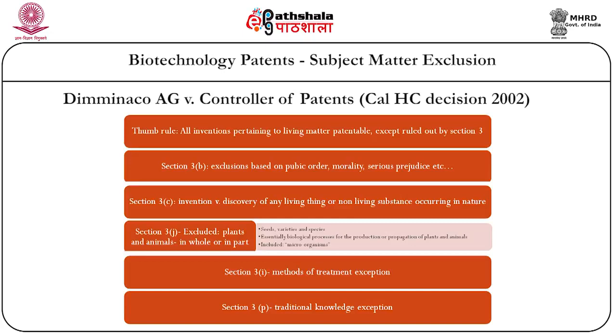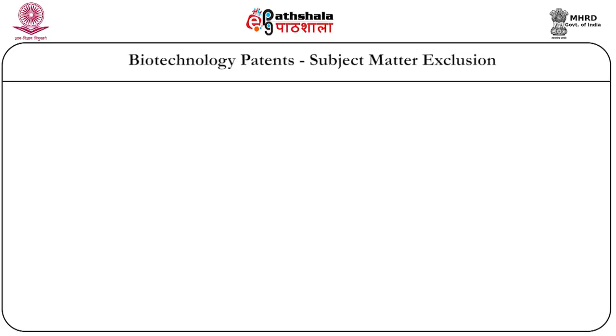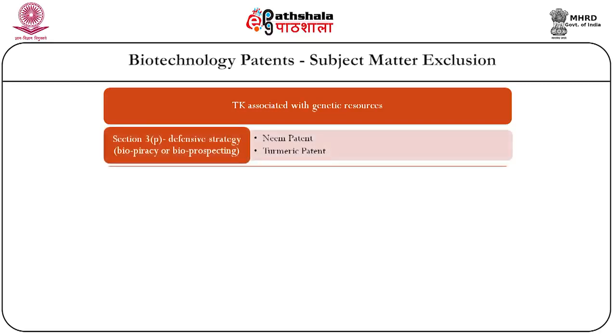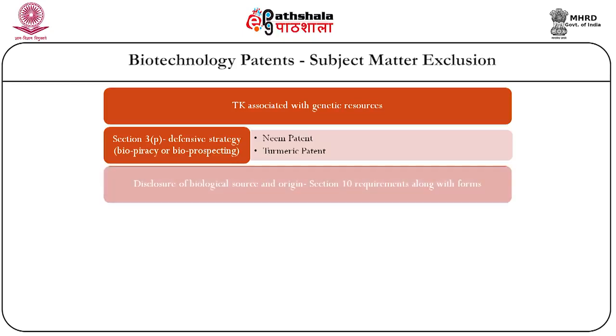One of the important things that need to be understood in the context of TK associated with genetic resources is, because of our experience in neem and turmeric patents, we thought it would be a defensive strategy to prevent biopiracy, or call it bioprospecting, by having section 3(p), and based on section 10 requirements, you now have the disclosure of biological source and origin of the particular biological material, wherein such material has to be deposited with the repository, wherein without such disclosure, the patent application, or the grant of the patent, is liable to be revoked.